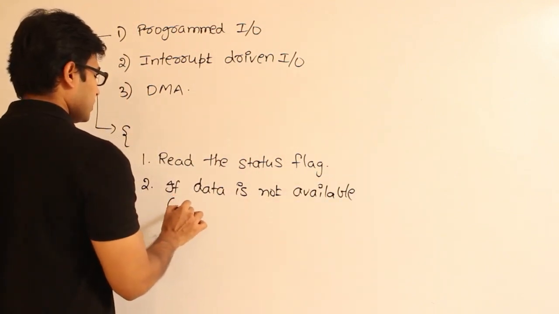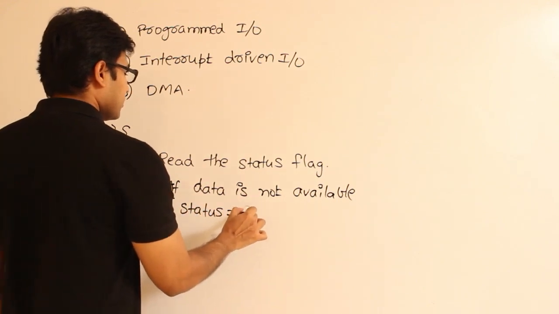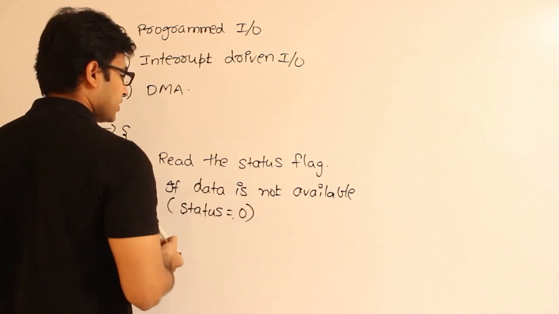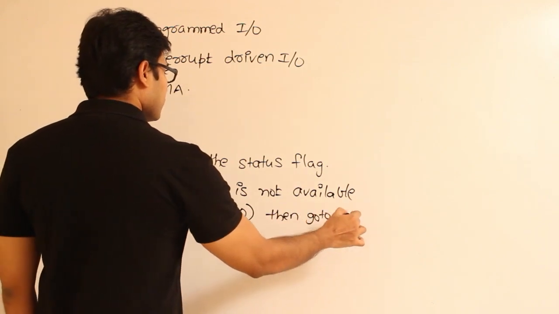Status flag equal to 0. By checking this condition, if the status flag is equal to 0, it means data is not available, then go to step 1.